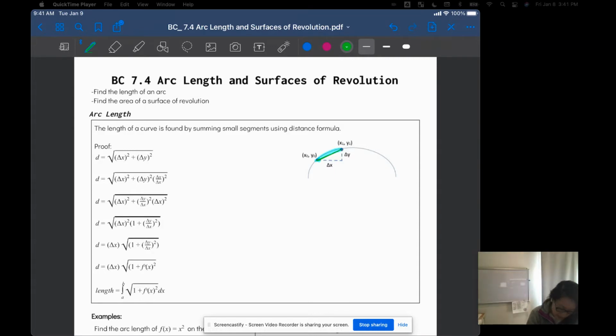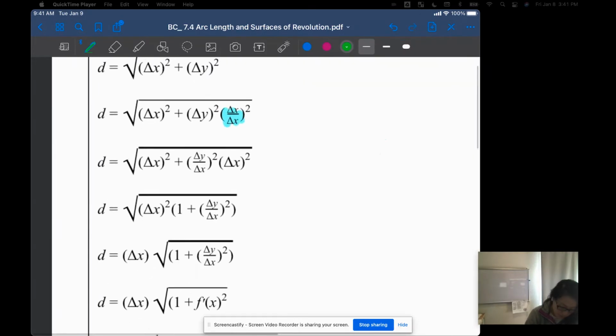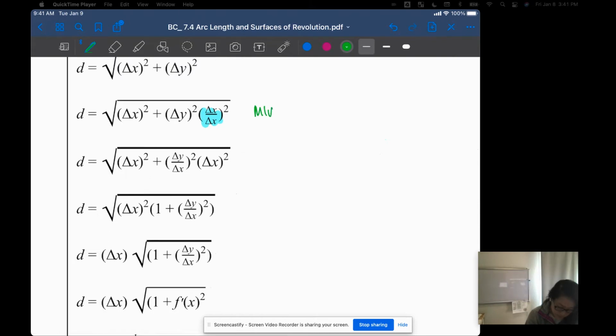What I'm going to do next is multiply by a form of 1, which I put in as the change in x over the change in x squared.